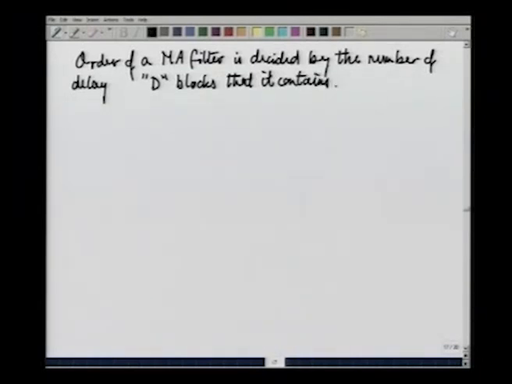In this case, it contains only one, so it is a first order filter.